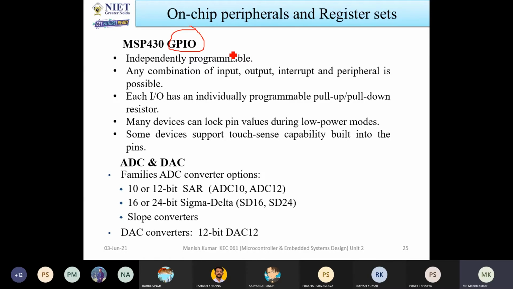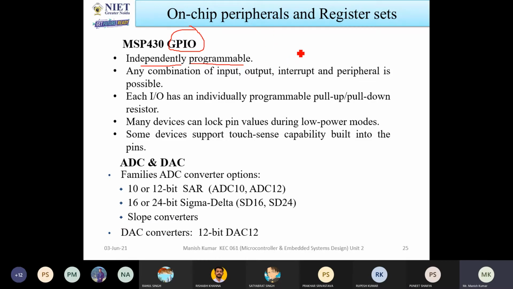So there are various input output ports available. What are the features of that port? First, it is independently programmable. So you can program any single pin, any port, whatever you want. There are a few pins available which are used as general purpose input output, and you can configure them as input or output.